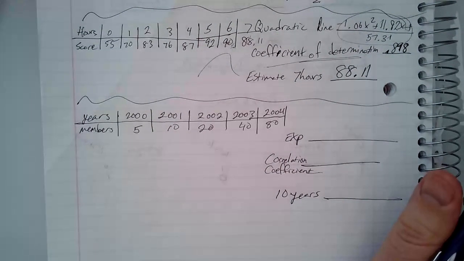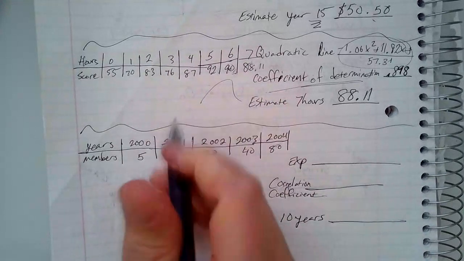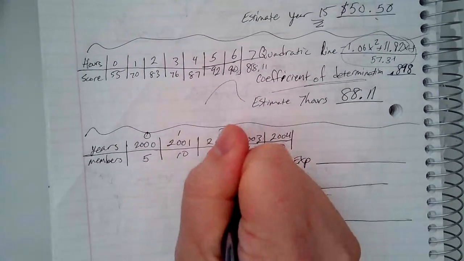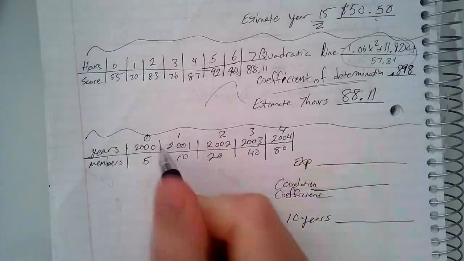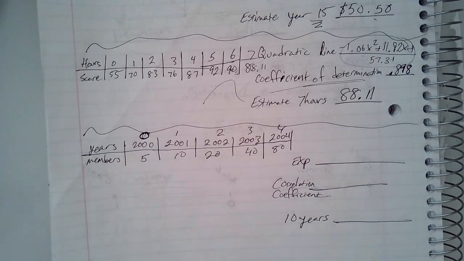Remember, we are talking about members, so we're rounding down. Now, with these numbers, don't do 2000, do 0, 1, 2, 3, 4, right? Always start with the year 0. It says since 2000 in the instructions, so 2000 is year 0.